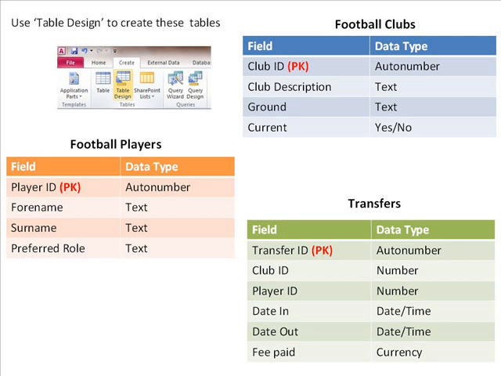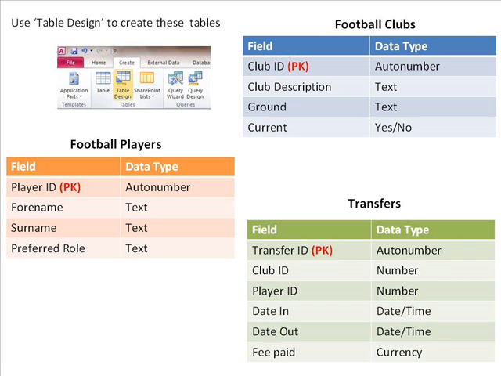So in this scenario we're going to keep a record of the football clubs, the players who play for them, and a record of who transferred into the club. So as you can see in the football clubs table, the blue one, we're keeping a record of the club ID, the description, the ground, and whether or not they're current. And then the players, we're just keeping simple details of the forename, surname, and the preferred role within the team.